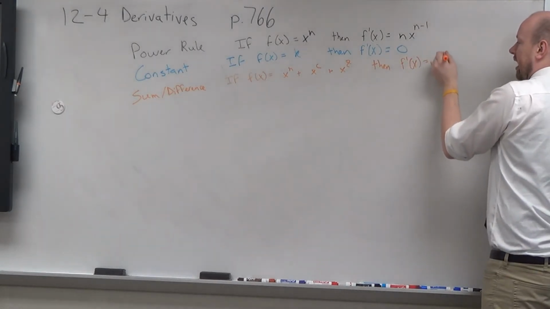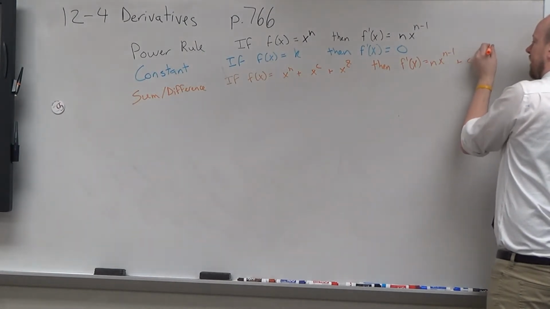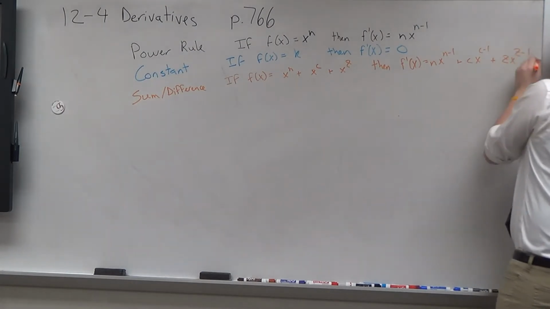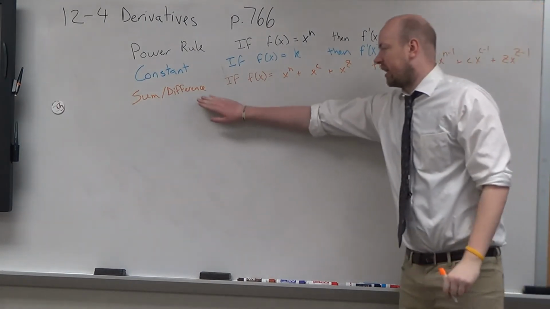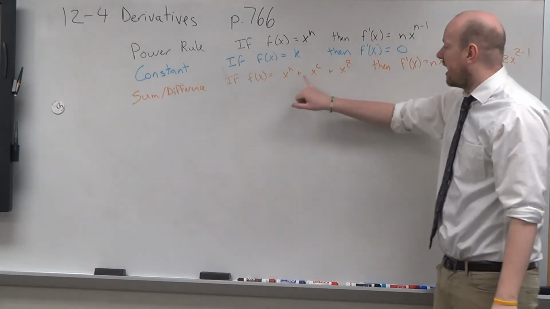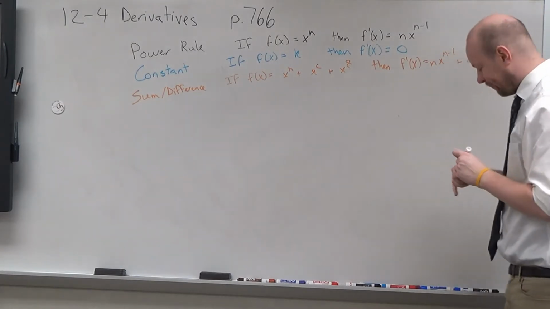So n x to the n minus 1 plus c x to the c minus 1 plus z x to the z minus 1. Sum and difference just means that I just do each term separately in a list. Just because they're being added next to each other or subtracted next to each other, it doesn't matter.